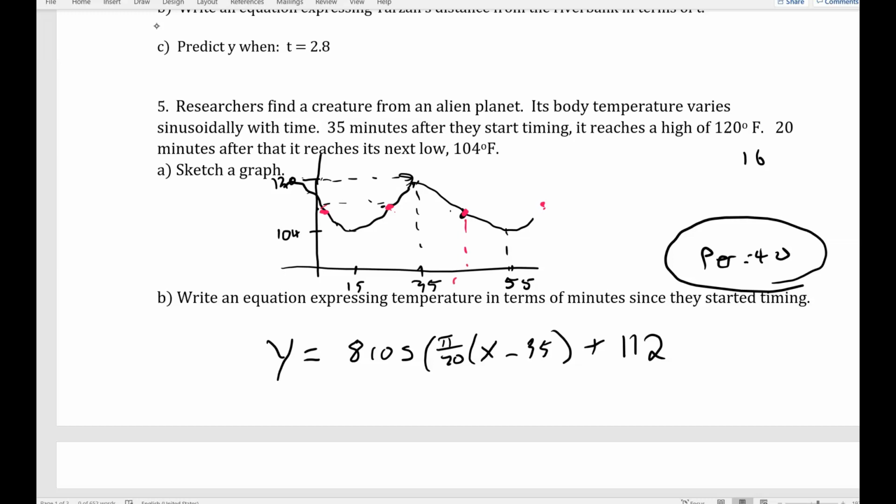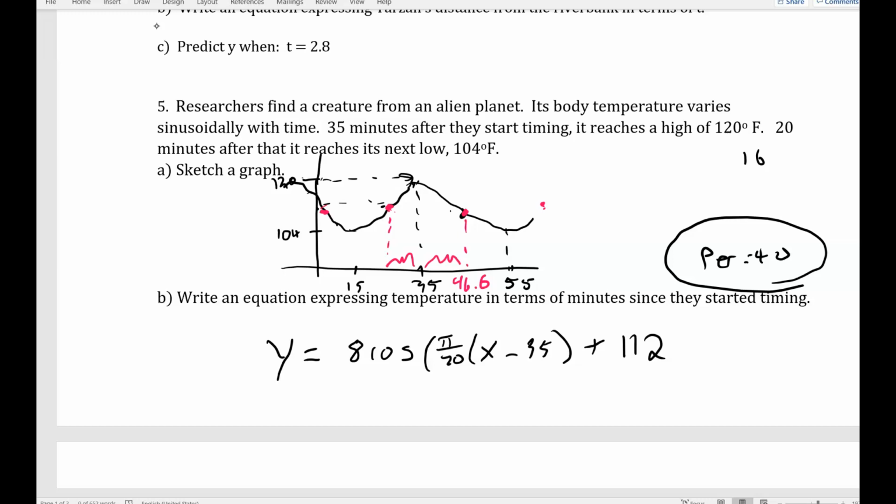We know that this is 46.6. Now, how do we find the other one? Because of the symmetry of cosine, this distance here should be the same as that distance there. Because that's the same y value, they should be the same distance on either side of the maximum.